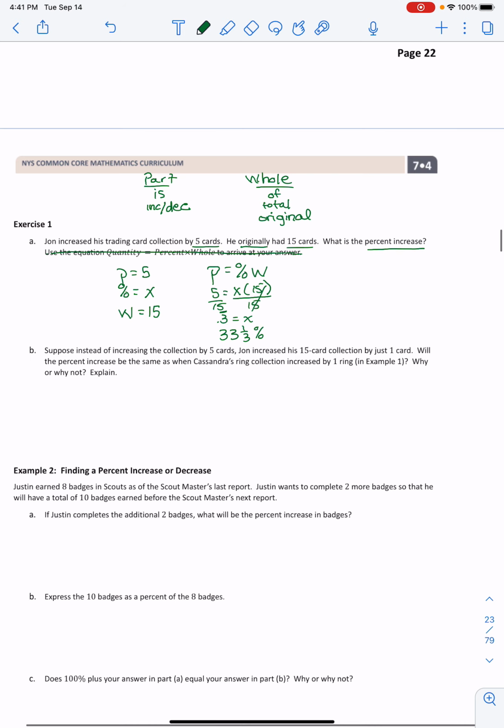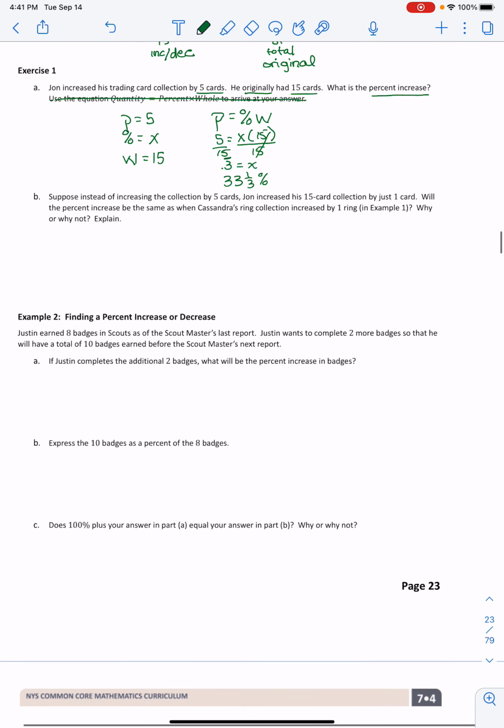The next question says, suppose instead of increasing the collection by 5 cards, John increased his 15 card collection by just 1 card. Will the percent increase be the same as when Cassandra's ring collection increased by one more in example 1, why or why not?